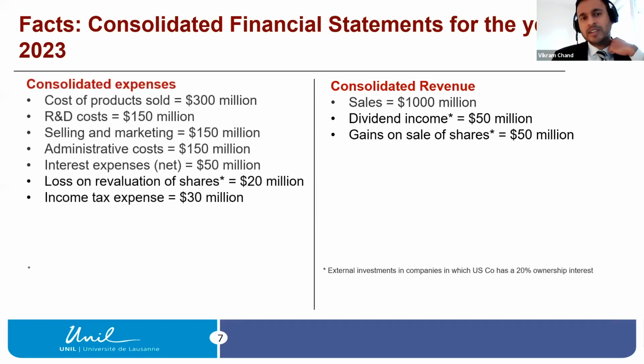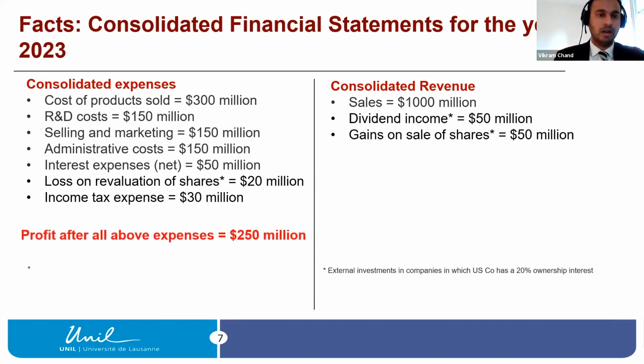At the same time, there are some expenses at the level of the consolidated group, and the consolidated expenses are broken down as follows. So you have cost of products sold, R&D costs, selling and marketing expenses, administrative costs, interest expenses, losses on revaluation of shares, and an income tax expense that has been booked.